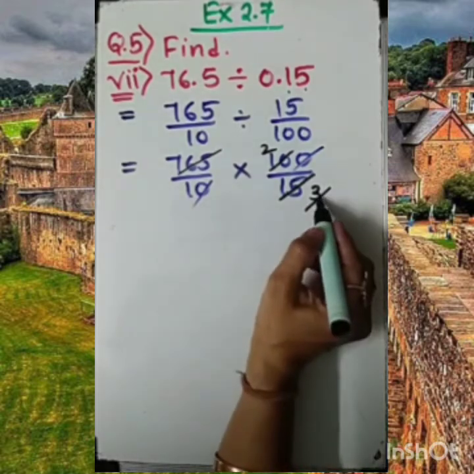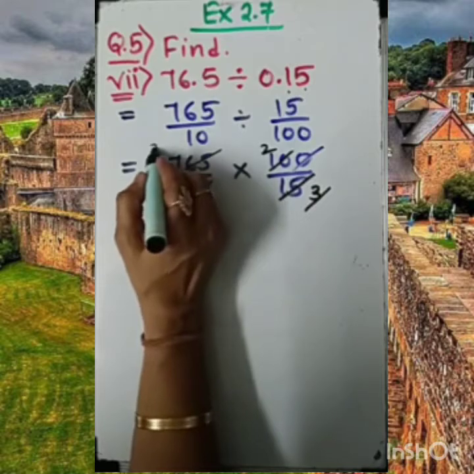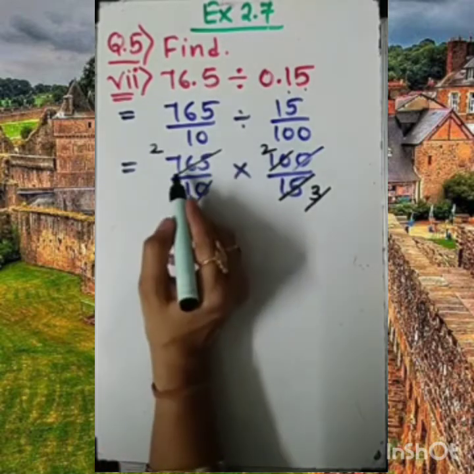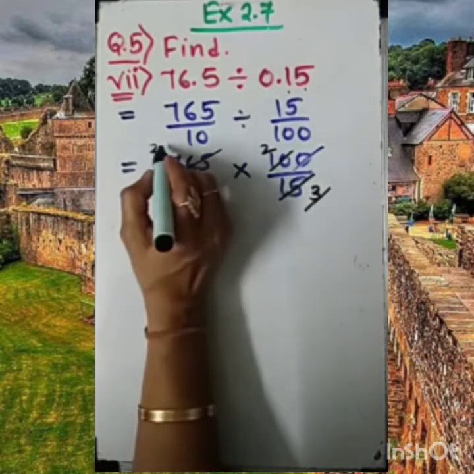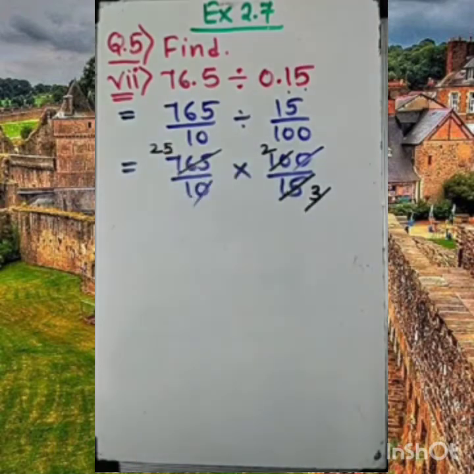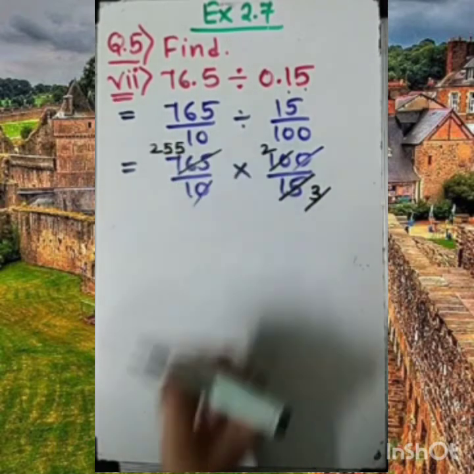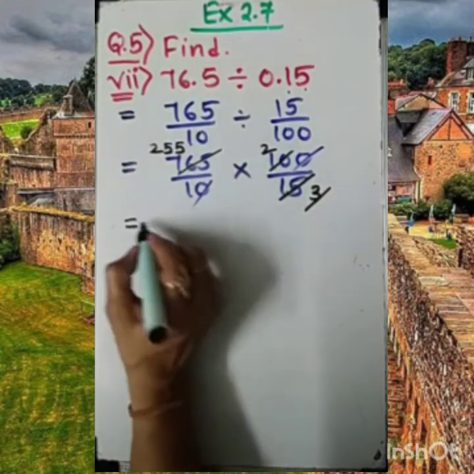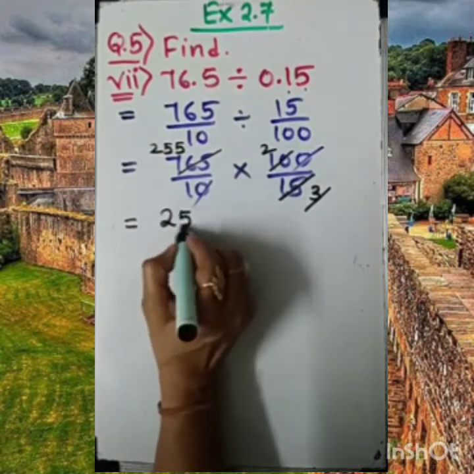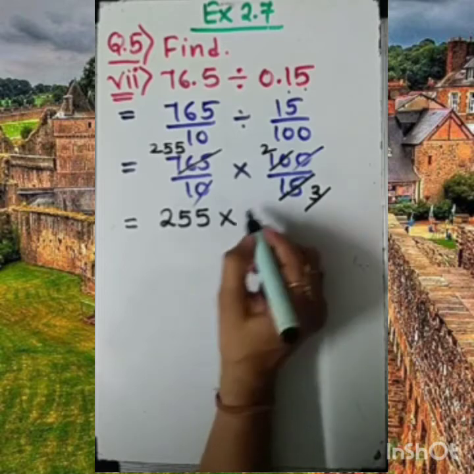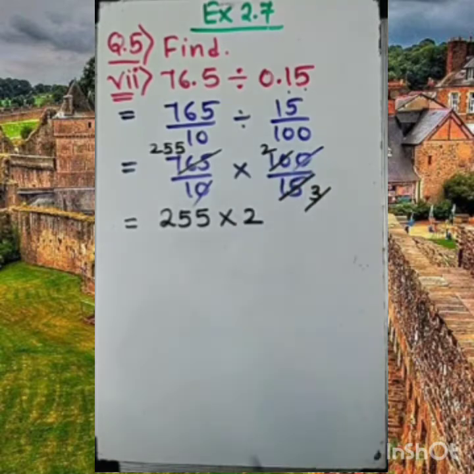This is 3. 3 2s are 6. 1 left, 16. 3 5s are 15. Again 1 left, 15. 3 5s are 15. So dear student, the simplification of this is coming 255, and this 2 is also there along with that.